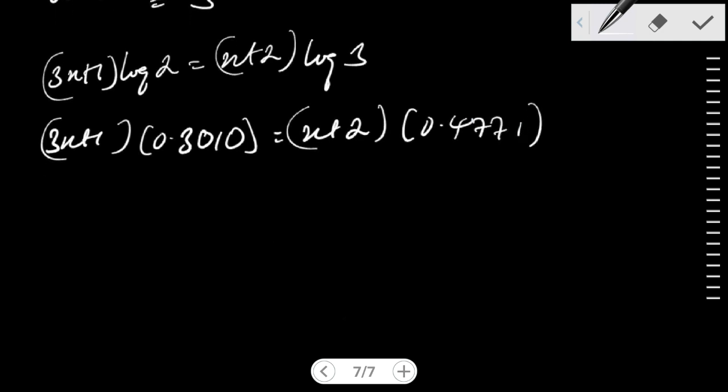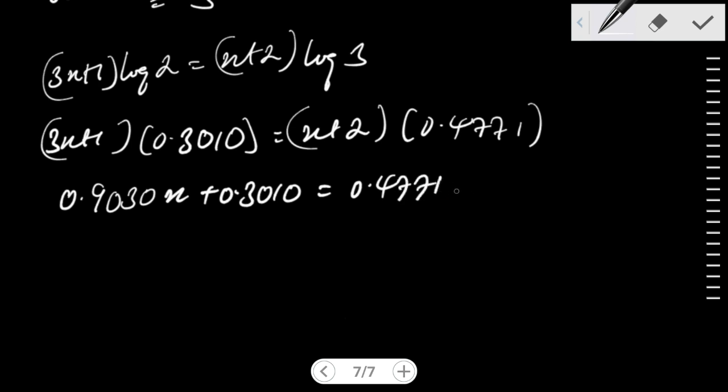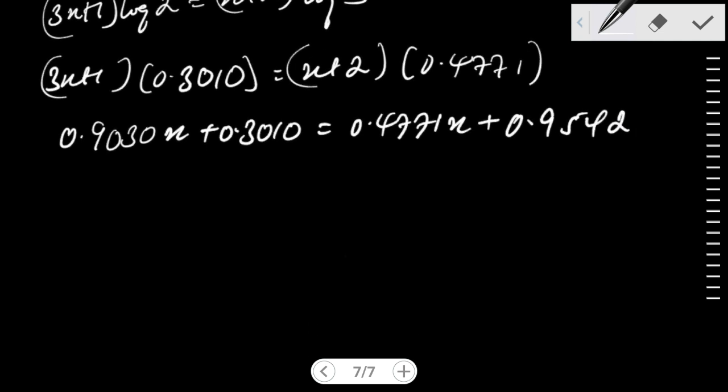And therefore, 0.9030 x plus 0.3010 equaling to 0.4771 x plus 0.9542.